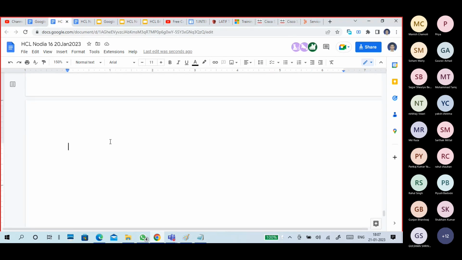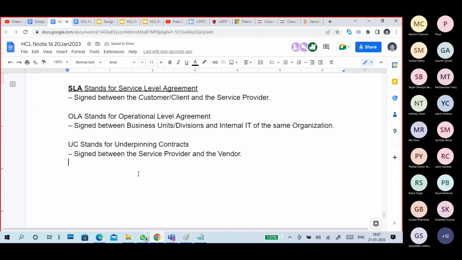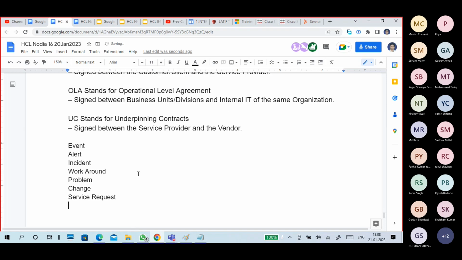So the remaining part, like event, incident, workaround, problem, change, service request, this I will explain on Monday. Okay, so this is up to today's explanation.